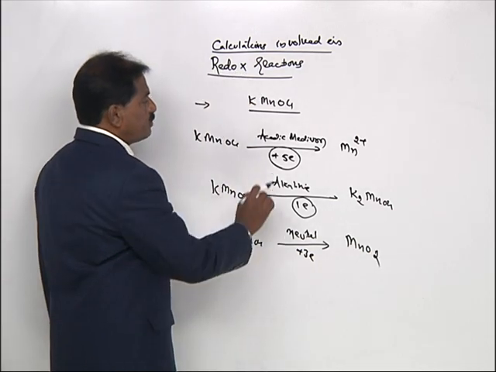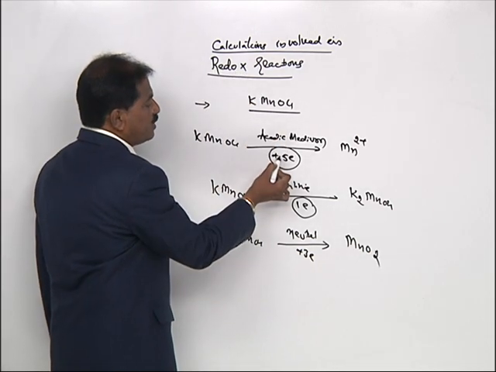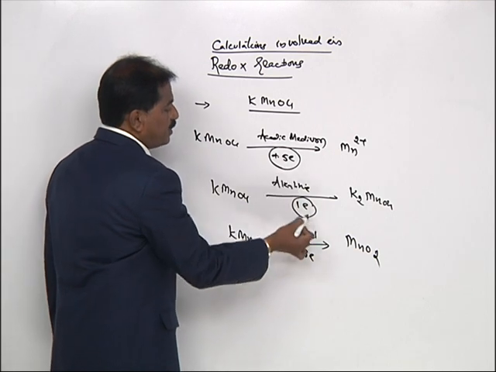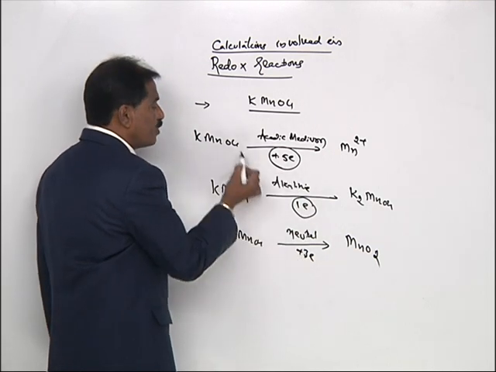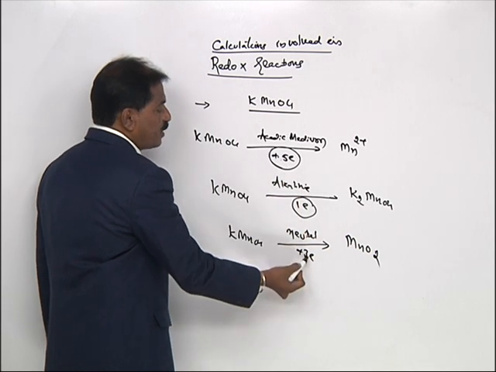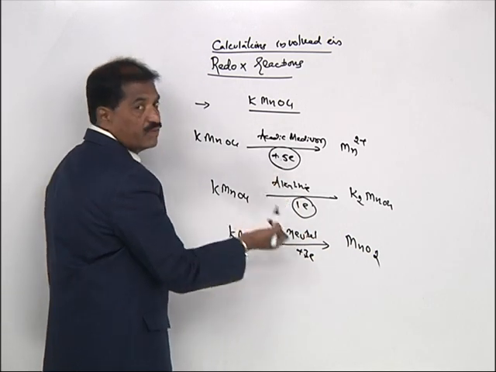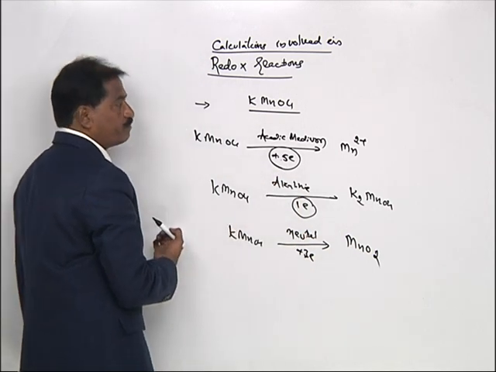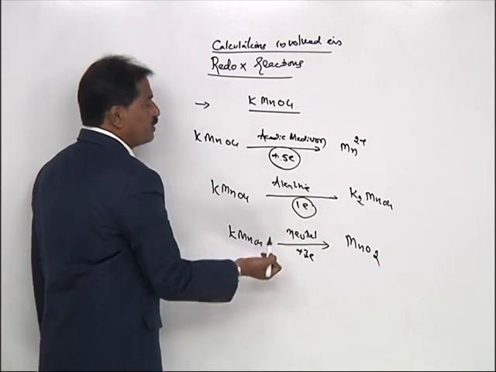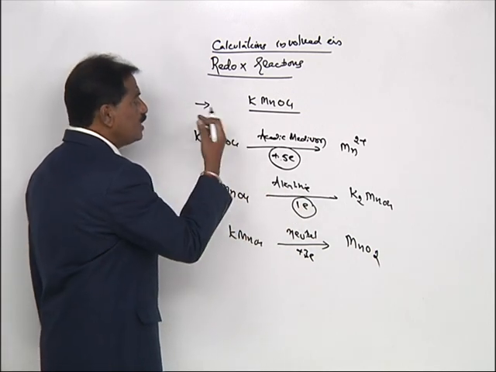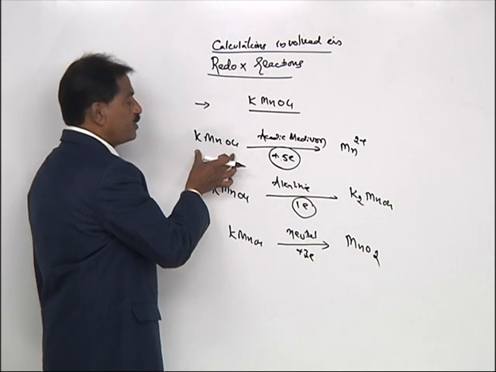So, if you know the medium in which the reaction is taking place, we can easily identify the number of electrons participating per one molecule. That number of electrons participating per one molecule itself is called the valency factor or N factor. By using this N factor, we can calculate the equivalence of the KMnO4 participating.